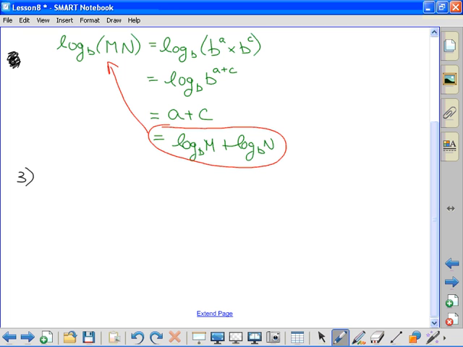For number 3, it is our power of powers. So we have log base a of m to the exponent n, and that's equal to n log base a of m.